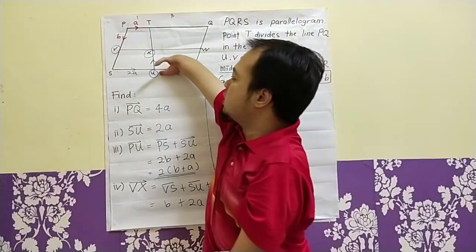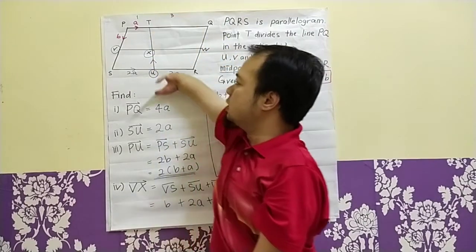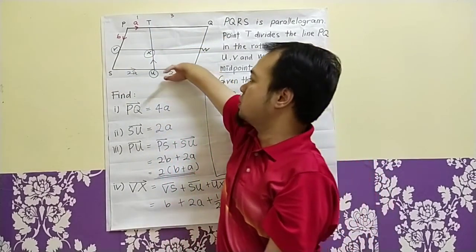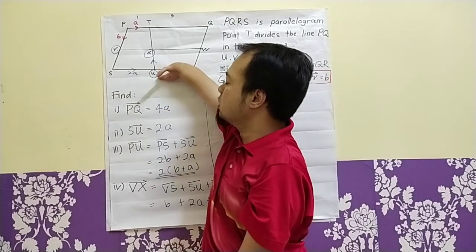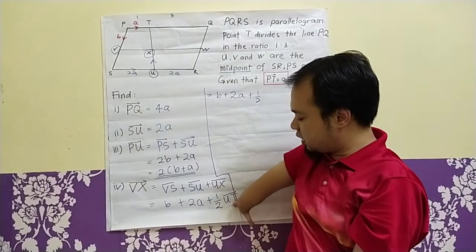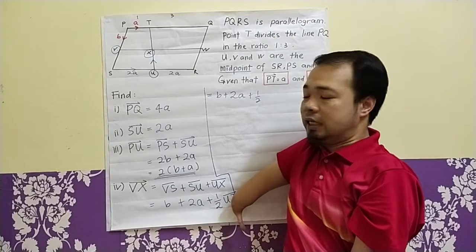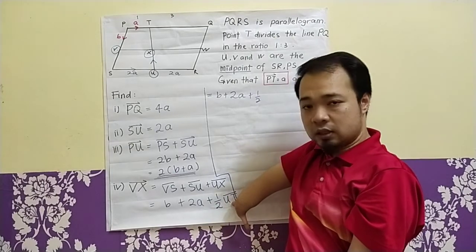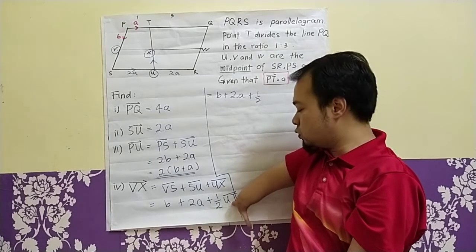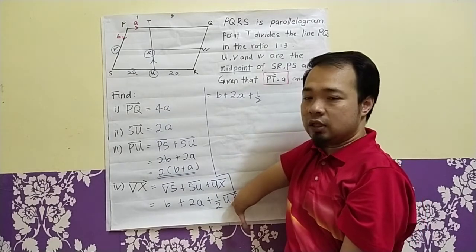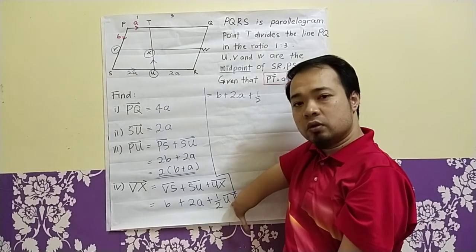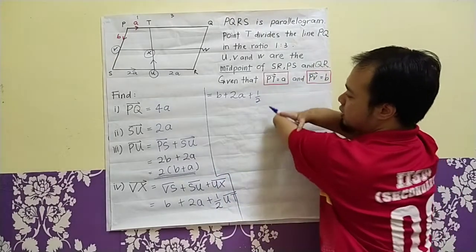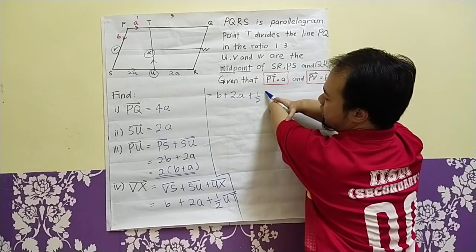Do we know what is the vector of UT? It is not parallel with SP. Remember that, it's not parallel. So in order to find the vector of UT, you need to create another path for UT. U to T, what is the route? What is the equation of the vector for UT? So I will start with the bracket.